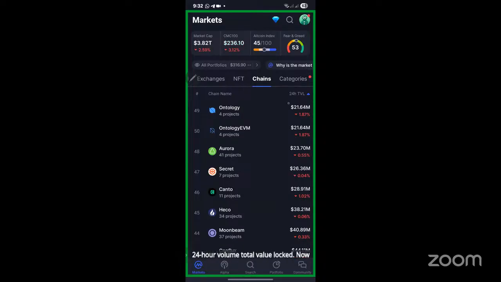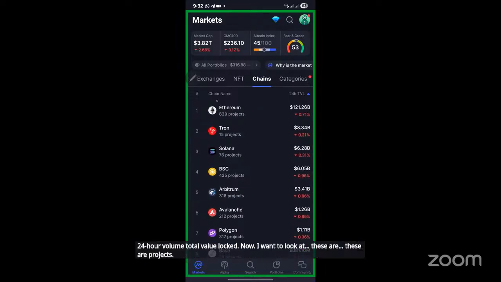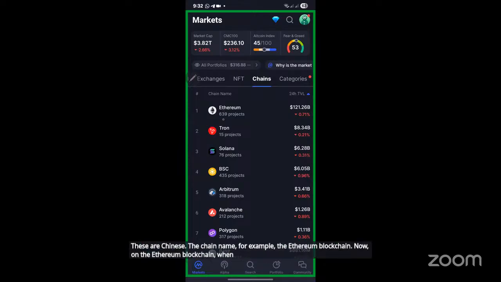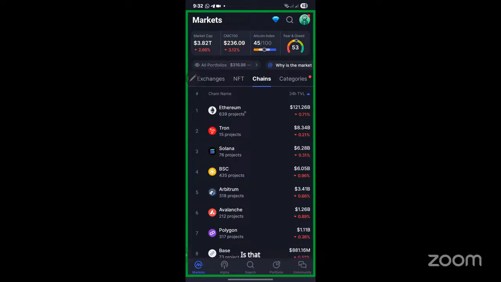Now, these are projects, these are chains, the chain name, for example, the Ethereum blockchain. When you talk about a blockchain, any cryptocurrency with its own blockchain is called a coin, okay? A coin is a cryptocurrency that has a native blockchain.